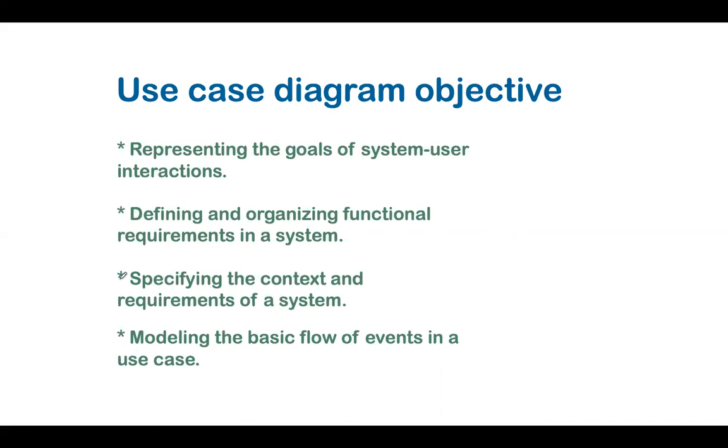Also to define and organize functional requirements in a system, because when the use cases are extracted from what a system does, and what a system does, those are the functional requirements.